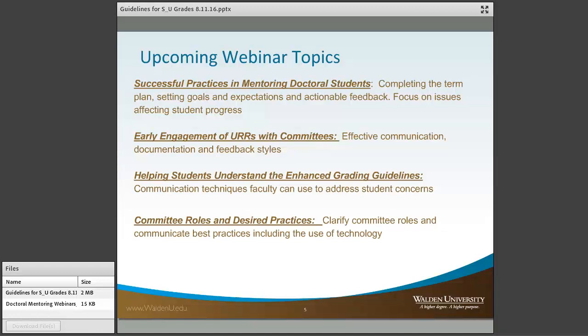This is one that is also a very popular session, and really looking at how committee members can support progress, whether you're the chair, the second member, or the URR, and really also sharing some great examples from some of our very experienced committee members here at Walden. We also have a document on that information to really highlight how you can work most effectively in that role.